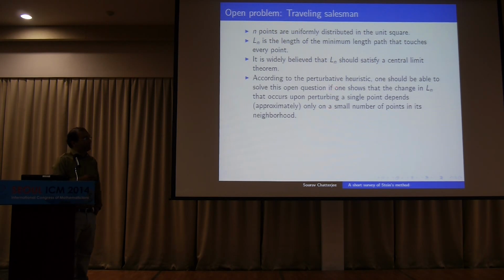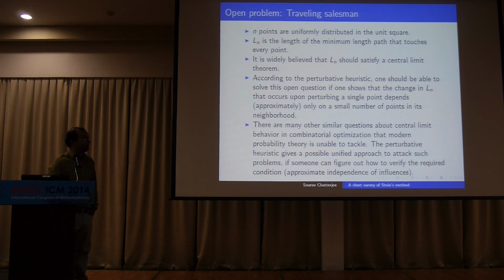According to the perturbative heuristic, one should be able to show this if one can prove that the change that occurs in this length upon changing one point can be written approximately as something which depends on a small number of points in the neighborhood of that point. If you can show this kind of thing, then you can prove the CLT. For this, upper and lower bounds on the variance are known and various other things are known, but the central limit theorem seems to be out of reach.